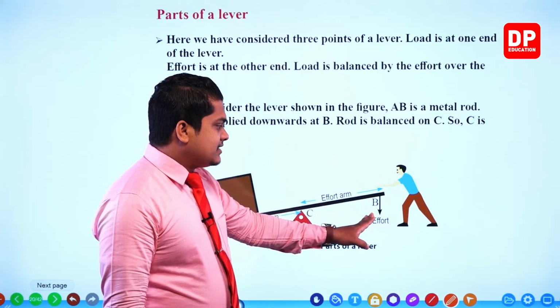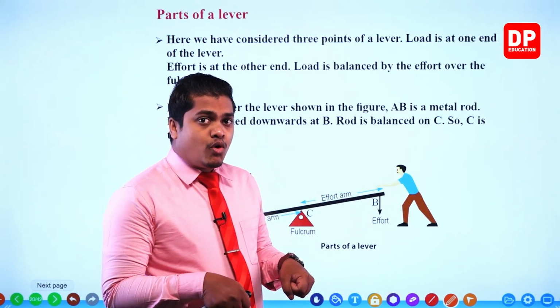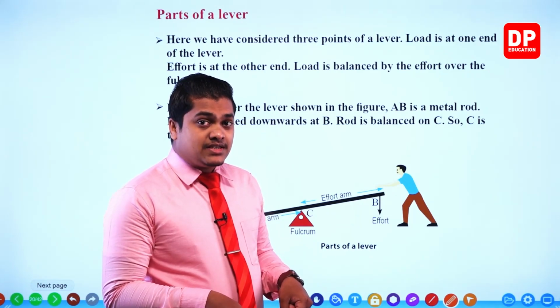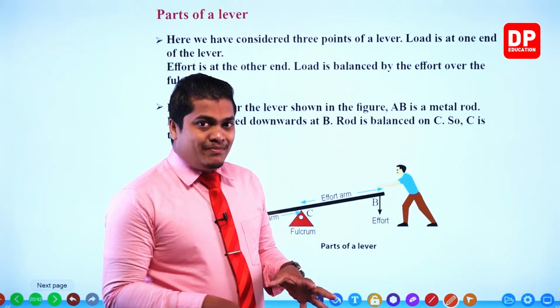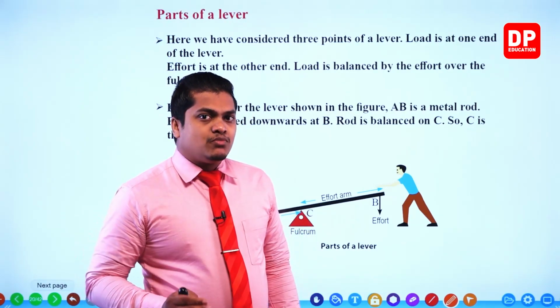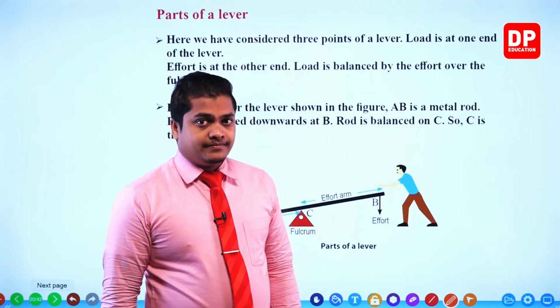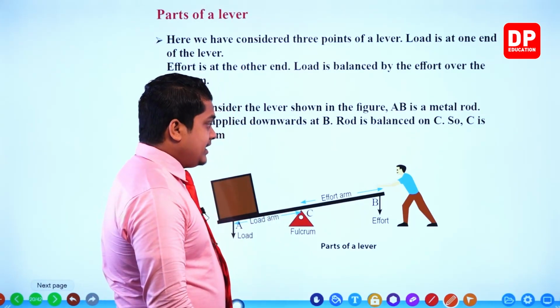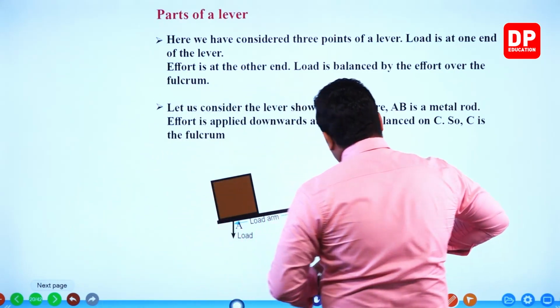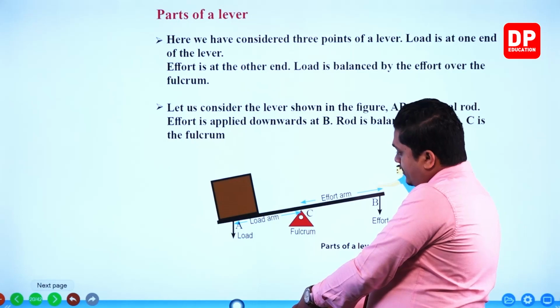By applying a certain effort at the other end, we are giving out a certain moment. Moment means the rotational effect of a force. So you'll be learning about this moment in detail when you go to the next grade, grade 10. Actually, by applying from this side, we are rotating it to a different location.